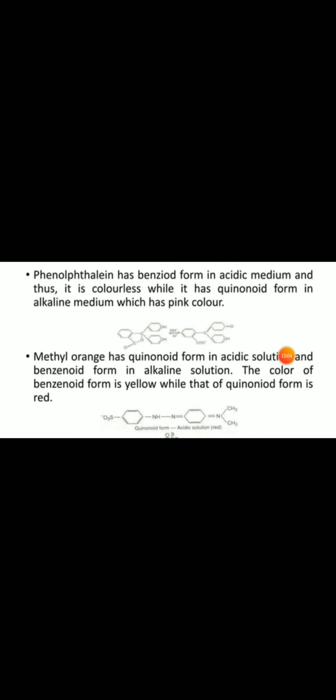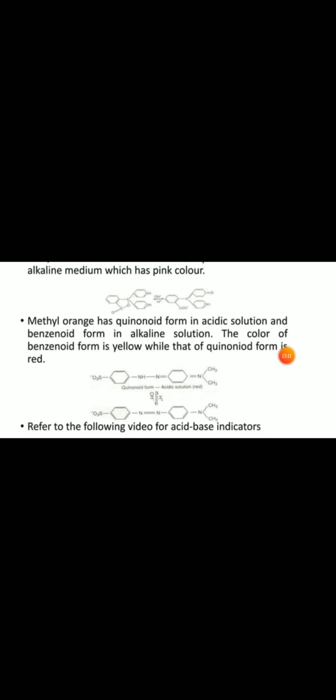Phenolphthalein has a benzoid form in acidic media and thus it is colorless, while it is quinonide form in alkali media, it will give the pink color. Okay, see, this is just a simple reaction given here as a pink color. Methyl orange has quinonide form in acidic media, then benzoid form in alkali solution. The color of the benzoid form is yellow, while the quinonide form is red.